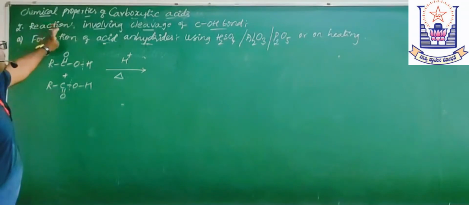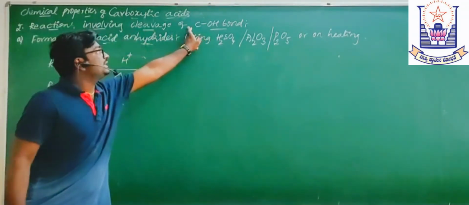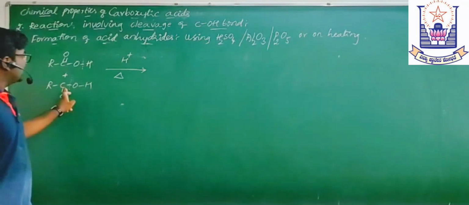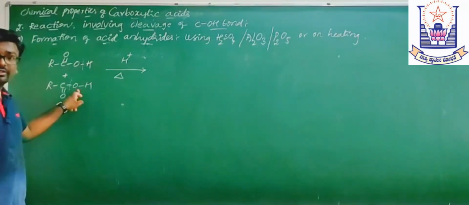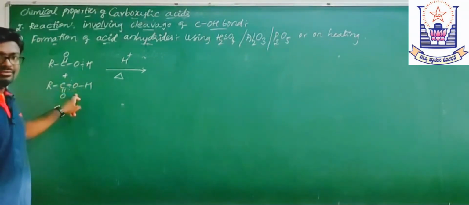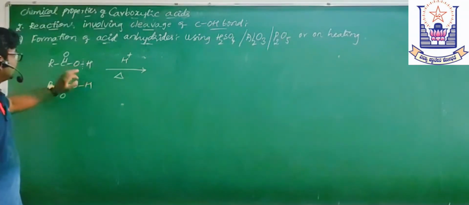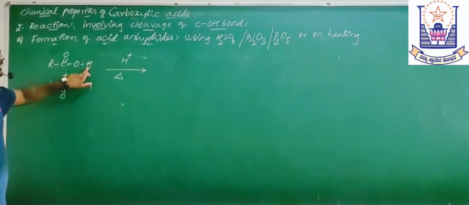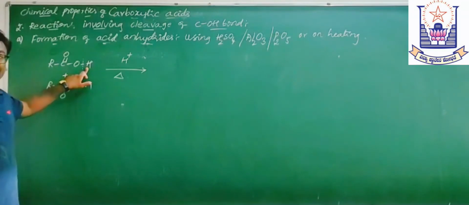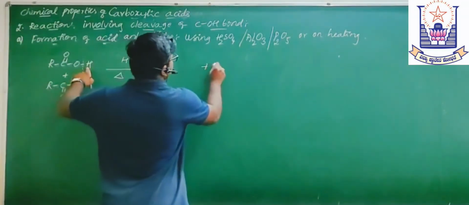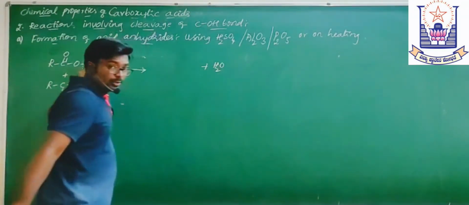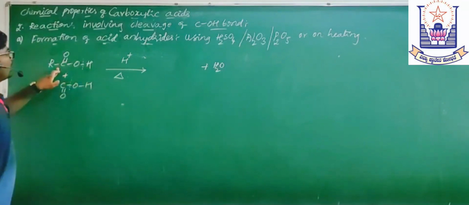Here we are talking about reactions involving cleavage of the C–O bond, which you can observe here. Along with this, in the formation of anhydrides, you can also see the cleavage of the O–H bond. This OH minus will join with the H plus and give H2O as the byproduct. And what is the remaining thing?